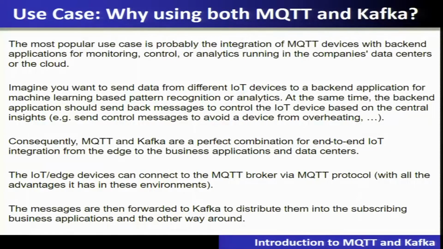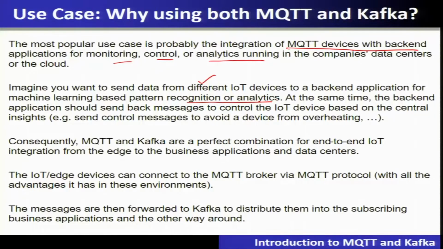The most popular use case is probably the integration of MQTT devices with the backend application for monitoring, control, and analytics running in the company's data center or the cloud. Then both are needed. Imagine you need to send data from different IoT devices to the backend application for machine learning based pattern recognition or analytics.